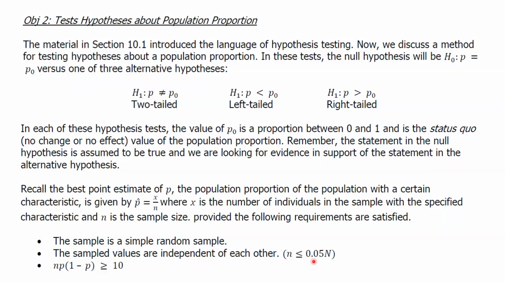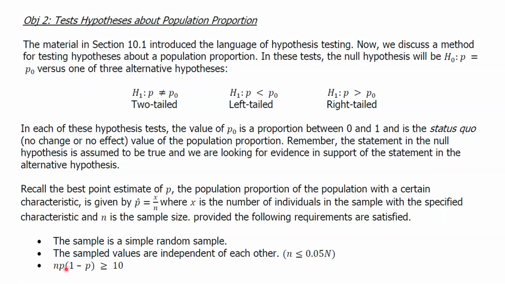So the rule that the sample size must be less than or equal to 5% of the population size means that our sample is no more than 5% of the population. So if the population is 10,000, our sample would be less than or equal to 500.